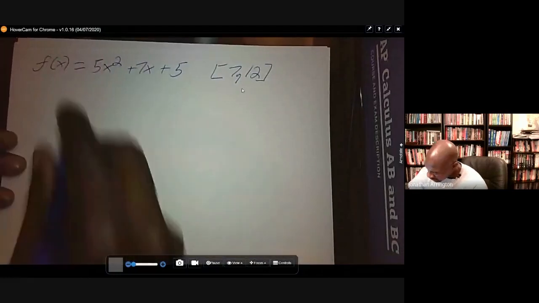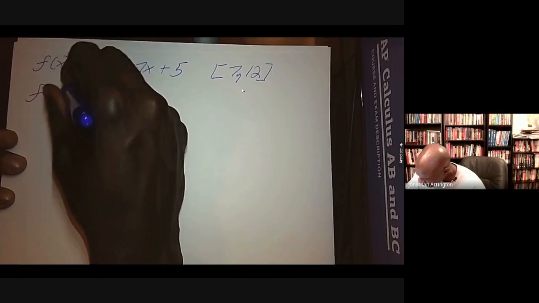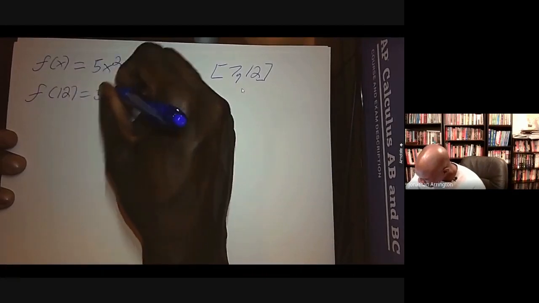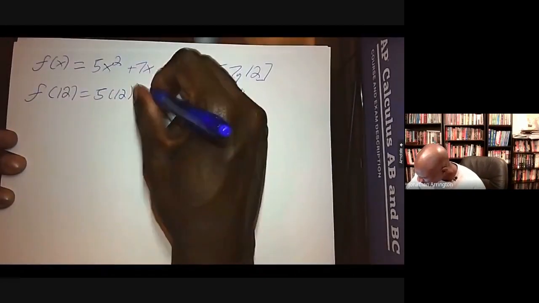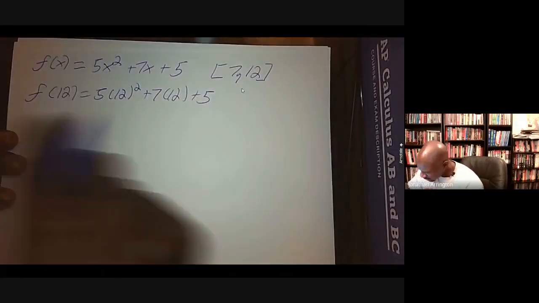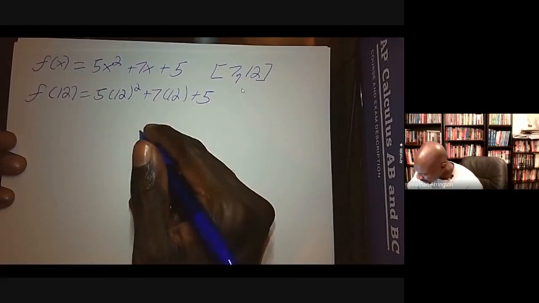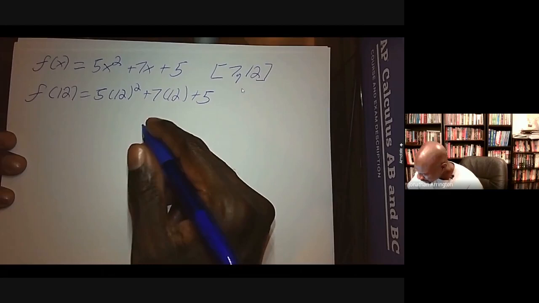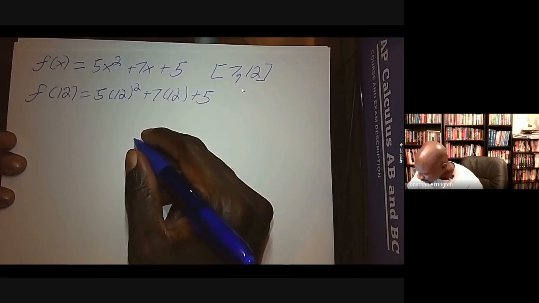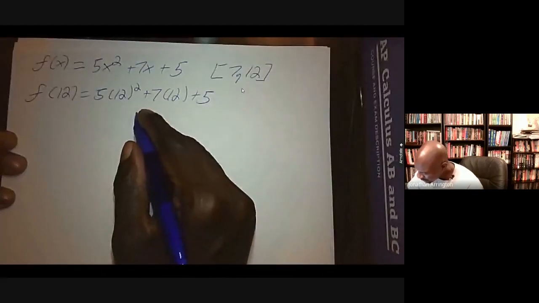Okay, so I need to find f of 12, and that doesn't look like fun. So f of 12 is 5 times 12 squared plus 7 times 12 plus 5. Okay, 12 squared is 144, and 5 times 100 is 500. 5 times 40 is 200. So that's 700, and 5 times 4 is 20.